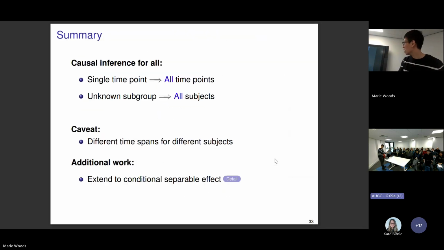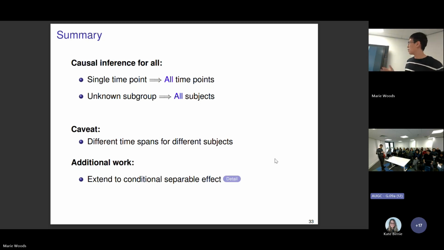And lastly, this idea is quite general. In the paper, we also do this for the so-called conditional separable effects, which is a framework developed by Thomas Richardson, Jamie Robins, Mats Stensrud, and a lot of people who have their own view of how we should define estimates in this truncation by death problem, but as a conditional estimate.